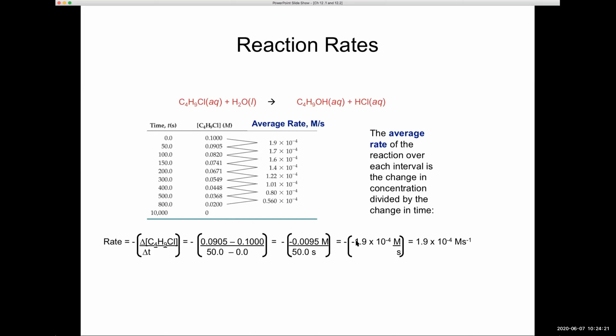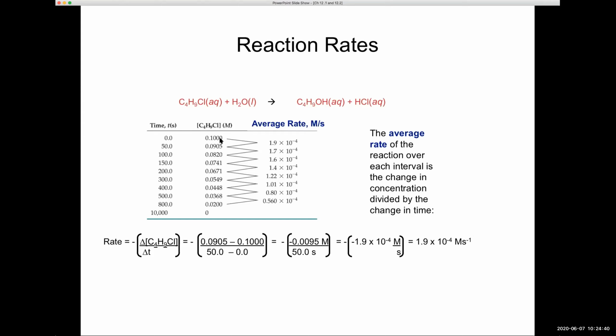If you follow this calculation through, we end up with 1.9 times 10 to the minus 4 molar per second. Molarity per second is pretty typical when you're measuring concentration change. So this would be an average rate.